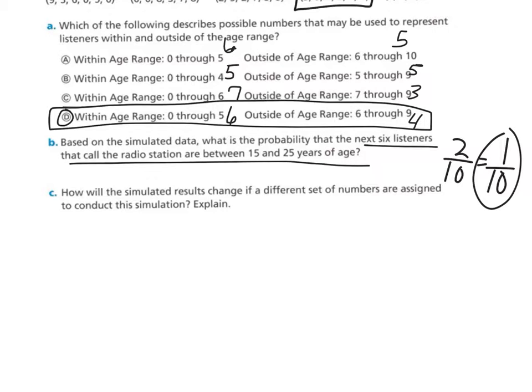If I do 0 through 5, or let's say now it's 10 through 15 and then 16 through 19, it's still going to be the same chance of that happening if we assign different numbers. Was just pointed out a mistake I made here a second ago. This is 2 out of 20, which actually reduces to 1/10, which is 10%. So I had a wrong denominator to start out with there.